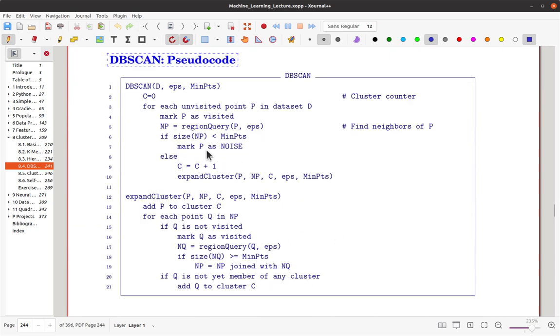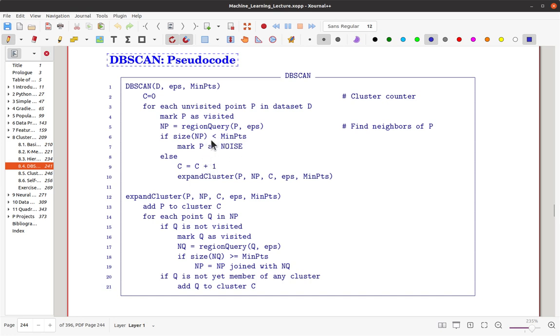And here, okay, start with an empty cluster. There's no cluster yet, and cluster count is 0. And for each unvisited point P, once you visit, then mark P as visited and try to find the neighbors of P. Once the size is less than M, then mark P as noise.